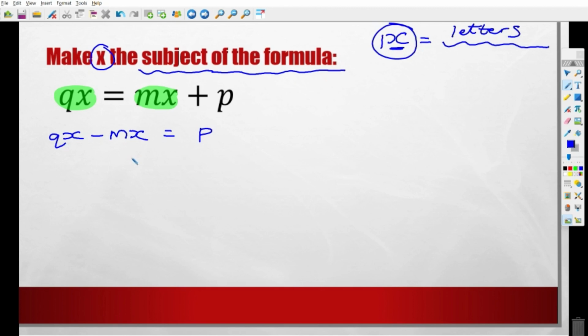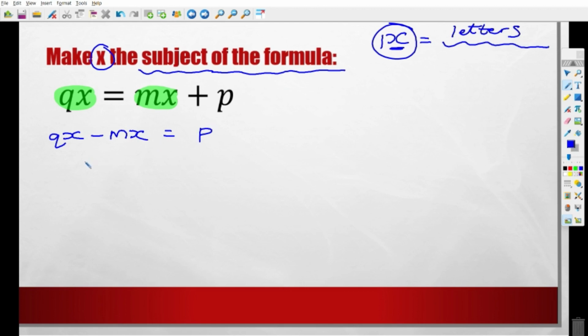So what can I do? What could I possibly do to get x looking like 1x over there? It's something that you guys did in the beginning of the year, one of the first things you ever learned this year.